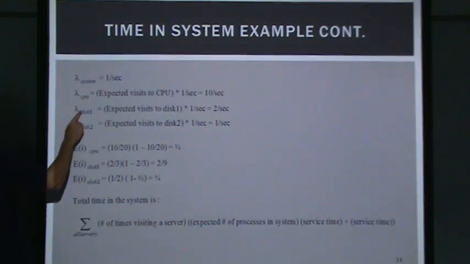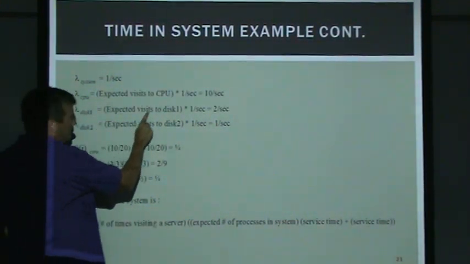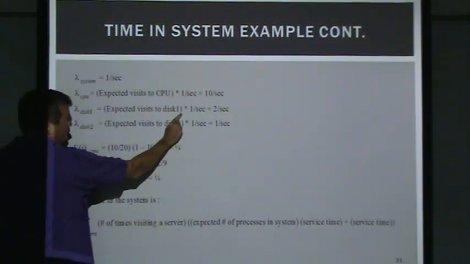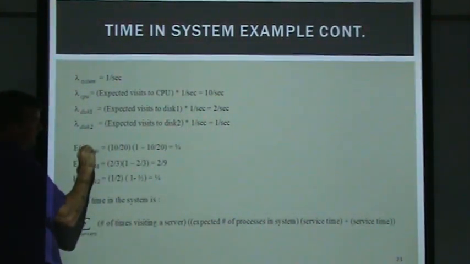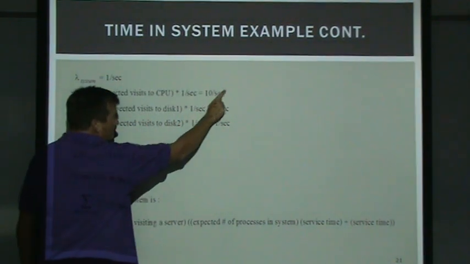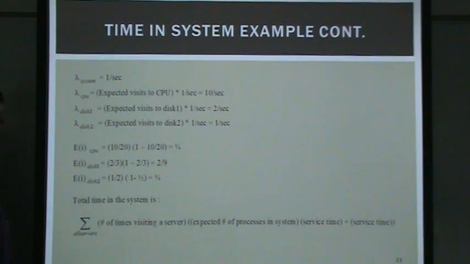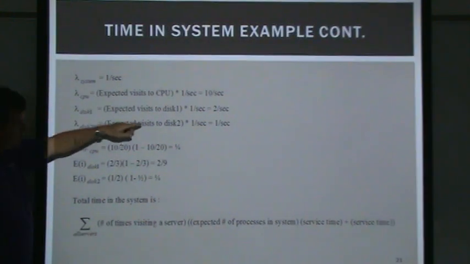Then the rate into disk drive 1 is the expected visits to disk drive 1 times 1 per second. The expected number of visits to disk drive 1 is 20% of this. So 20% of 10 per second is 2 per second. And disk drive 2 is 10% of the rate into the CPU, which is 1 per second.